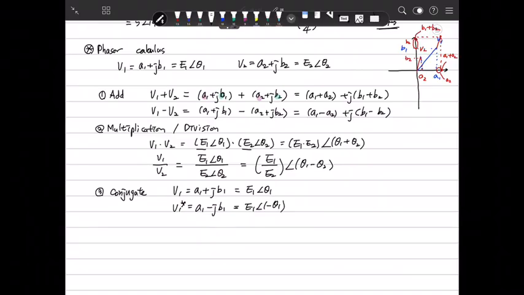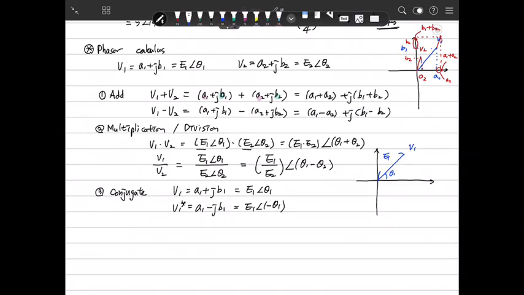What is that? From the viewpoint of the complex plane, if this is V1, the magnitude is E1 and the angle is theta 1.